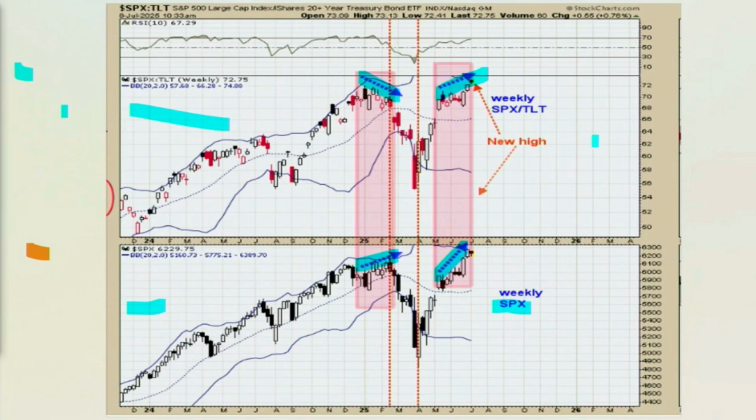But what I want to really point out is that today the weekly SPX tilt ratio closed at a new high, if you can see that. And if you notice down here, the SPX on the weekly time frame didn't close at a new high. Okay, that's relevant. Again, the SPX tilt ratio leads the SPX.